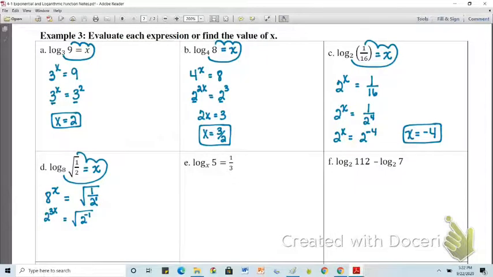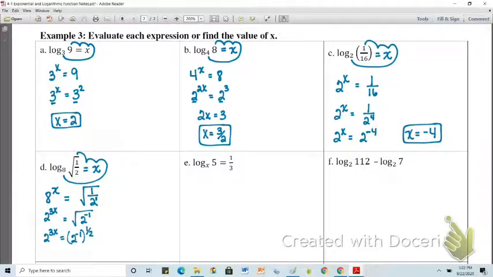Remember, square root is the same as raising something to the 1/2 power. So this becomes 2 to the 3x equals 2 to the negative 1, all raised to the 1/2. So if it was cube root, it would be raised to the 1/3. Fourth root, 1/4.